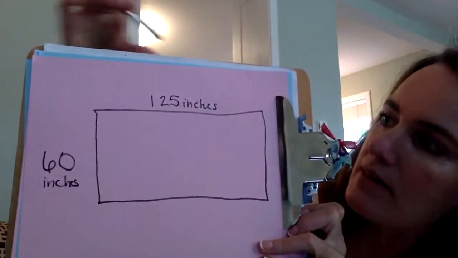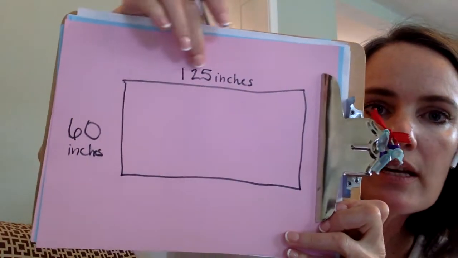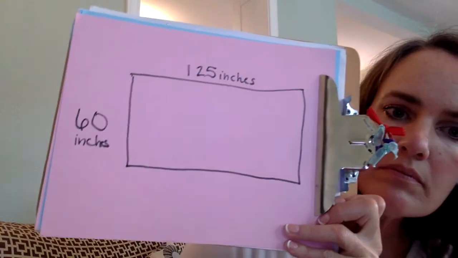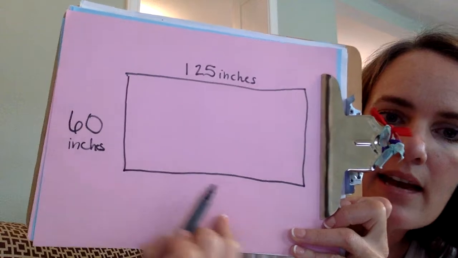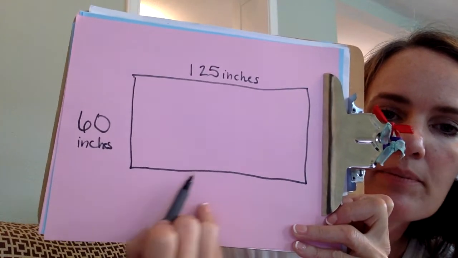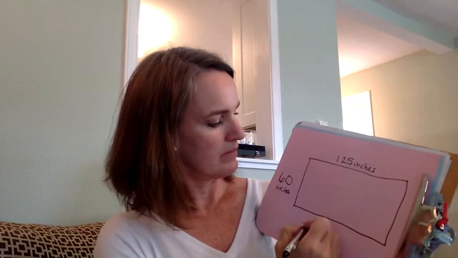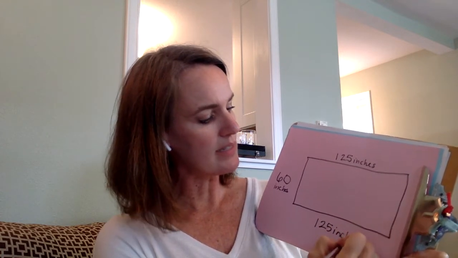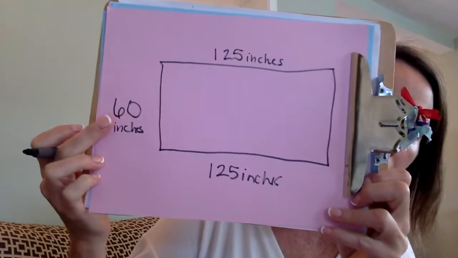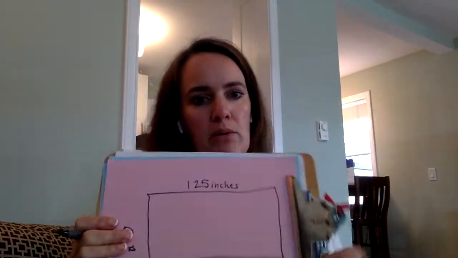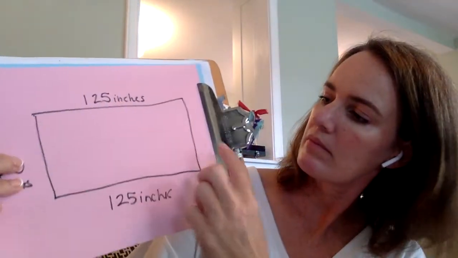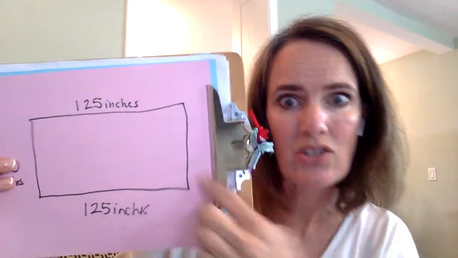If I know that it's 125 inches long, is this side 125 inches as well? Yes. And if I know that it's 60 inches wide, what do I know about this side of the shape? Yeah, that it's also 60 inches.